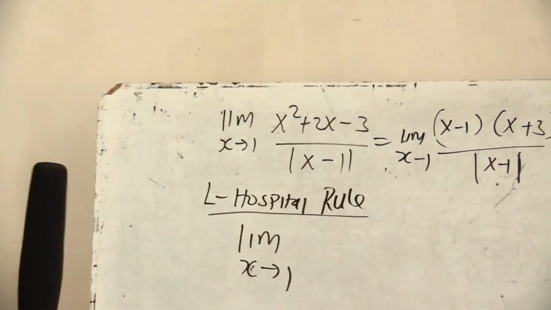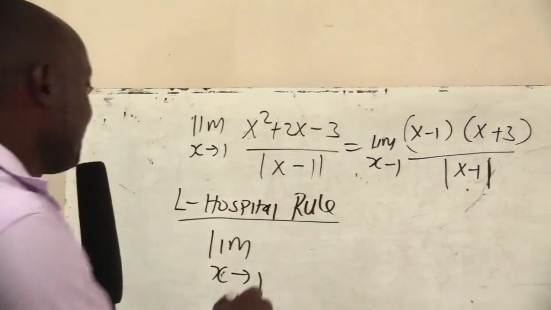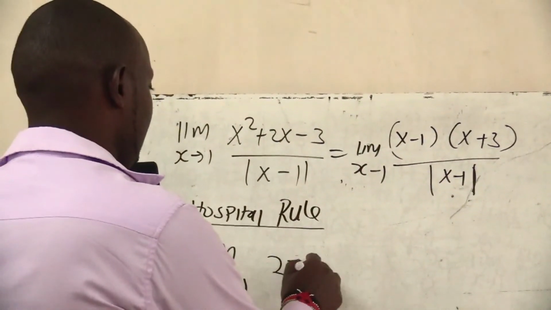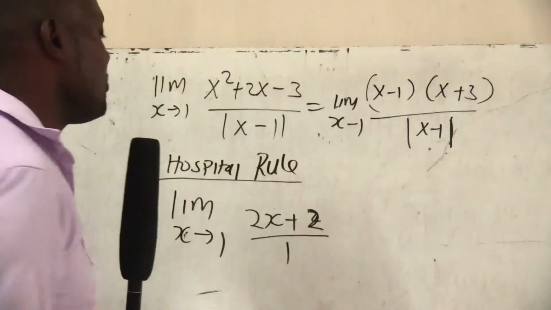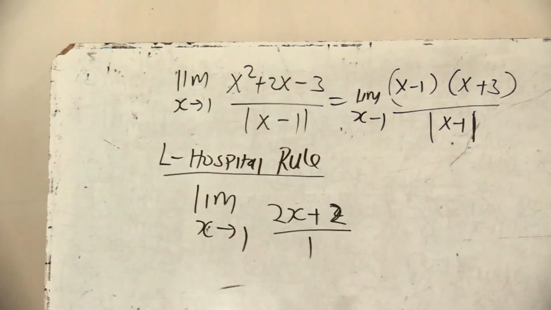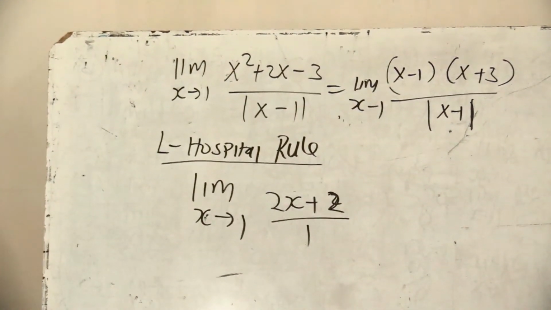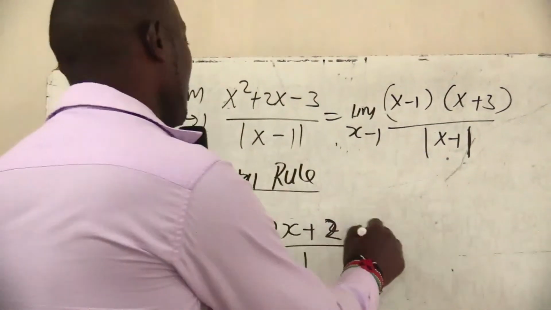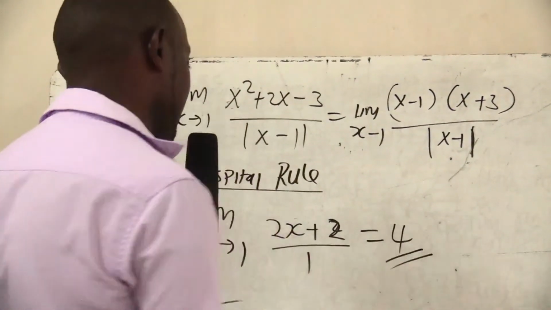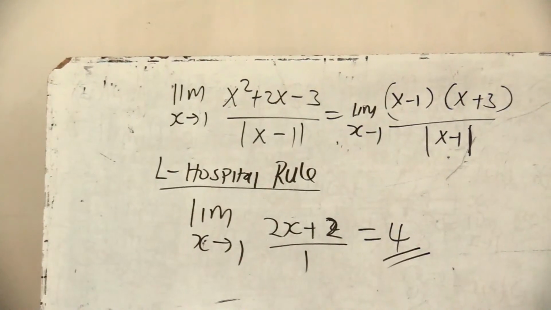You get 2x plus 2, and when you differentiate the denominator, you get 1. So now when you replace x with 1, you get the answer is 4.